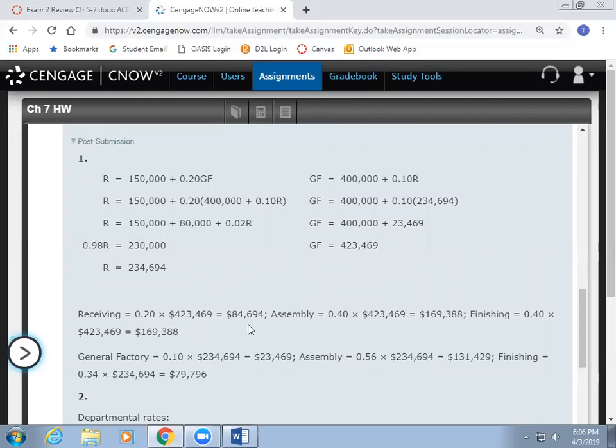I think on the other one they asked you for the cost equations first and then had you solve, but there you're having to do it all. So when you solve, you'll be solving for total costs for general factory and then you'll allocate based on it. I can help you with the costs. Okay. Thank you.